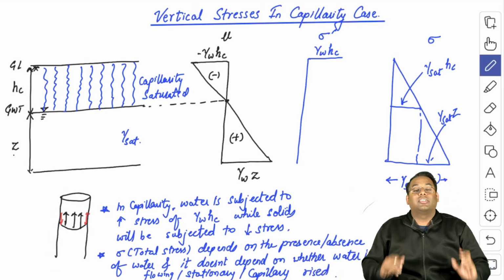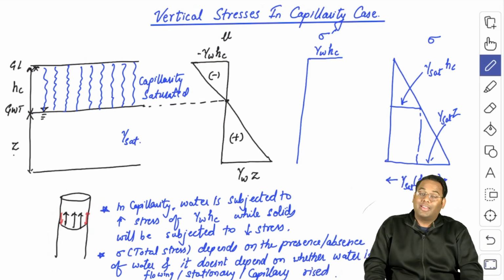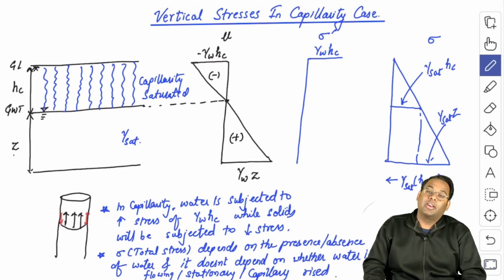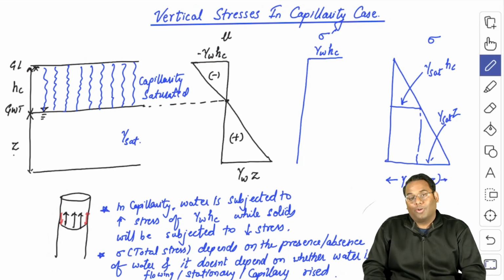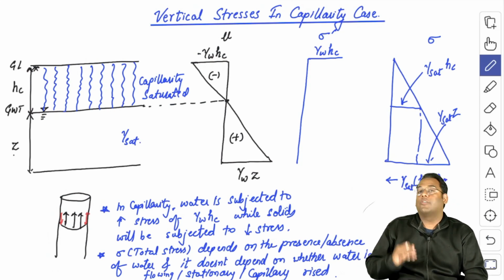Obviously, the total stress will increase with gamma saturated, because the weight of water will also act on the soil itself. So this is the variation of total stress.